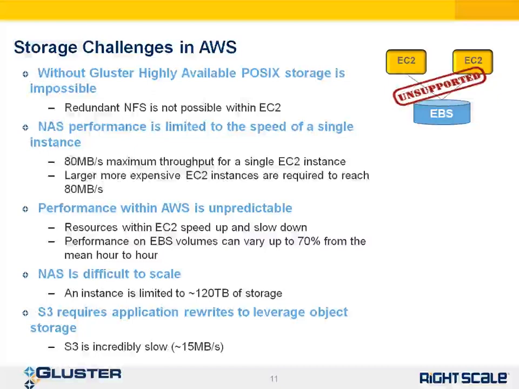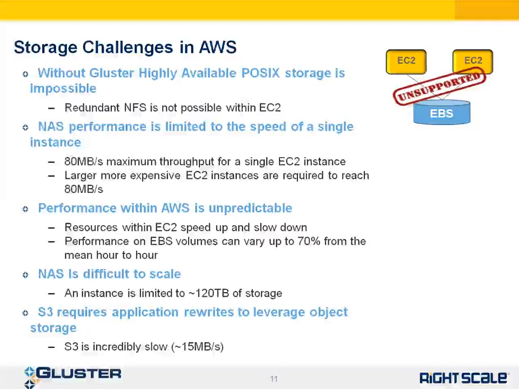The main points are high availability, performance, predictability, and scalability. Without Gluster, it's impossible to create a highly available POSIX storage file system. Redundant NFS is not possible within EC2.